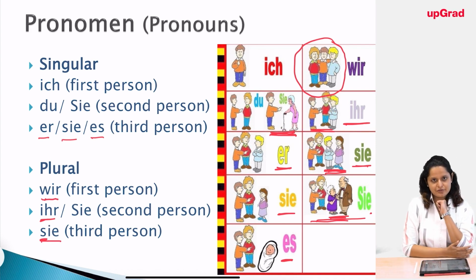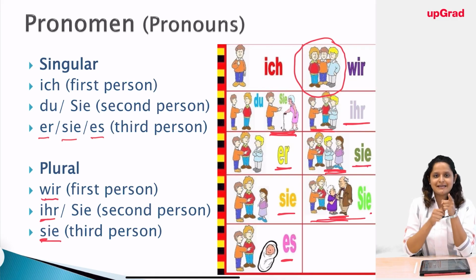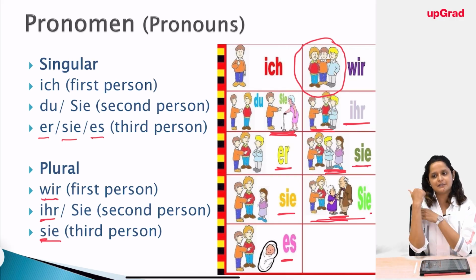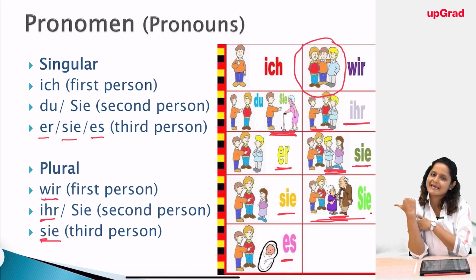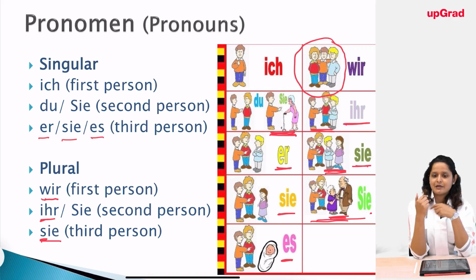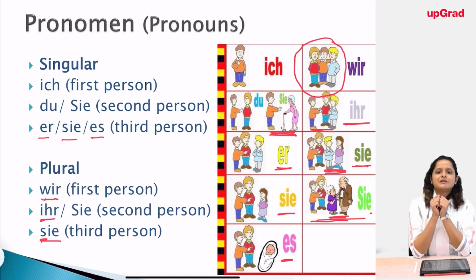First person: ich. Second person formal is Sie with the S capital, informal is du. Third person masculine is er, feminine is sie, neutral is es. First person plural is ich plus somebody with that ich, in the form of a collective group, that is wir.